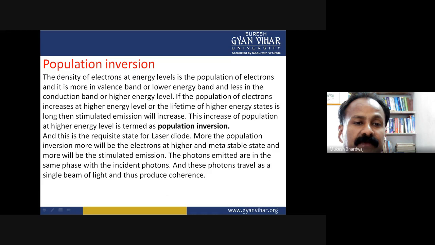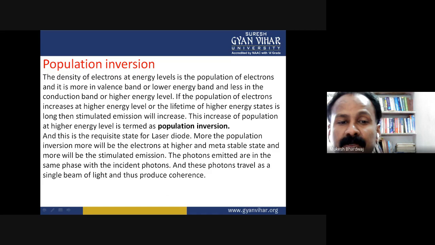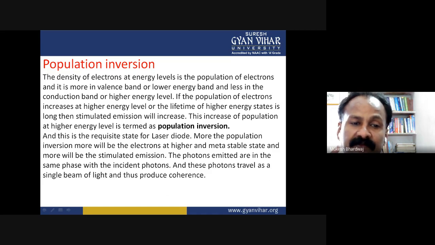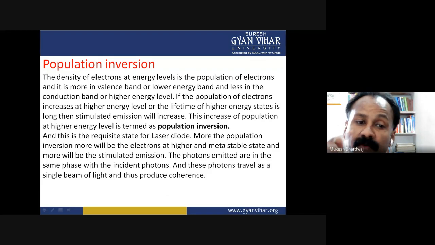If the population of electrons increases at the higher energy level, or the lifetime of the higher energy state is long, then stimulated emission will increase. This increase of population at the higher energy level is termed as population inversion, and this is the requisite state of a laser diode. The more the population inversion, the more will be the electrons at the higher and metastable state, and the more will be the stimulated emission.